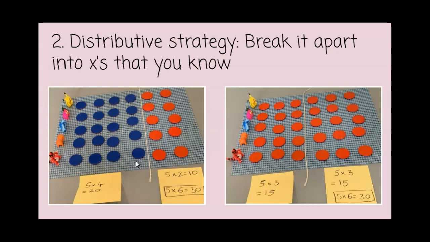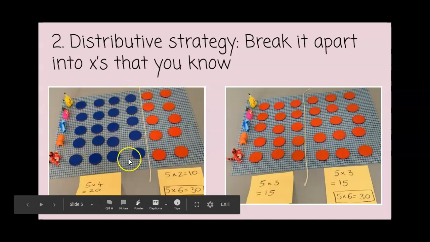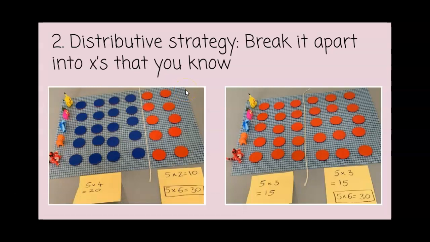I'm not quite sure what the answer to that is off the top of my head, but I do know 5 groups of 4. I know that one off the top of my head. So I can split this array up into 5 groups of 4 and 5 groups of 2. I've still got the same amount, I've just split them up to help me work it out.